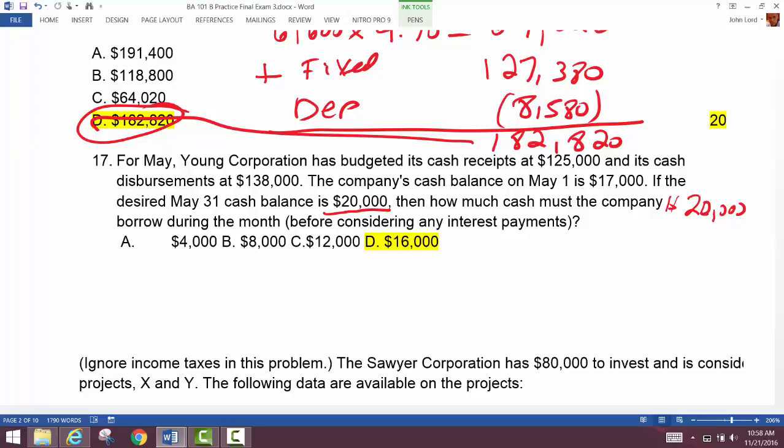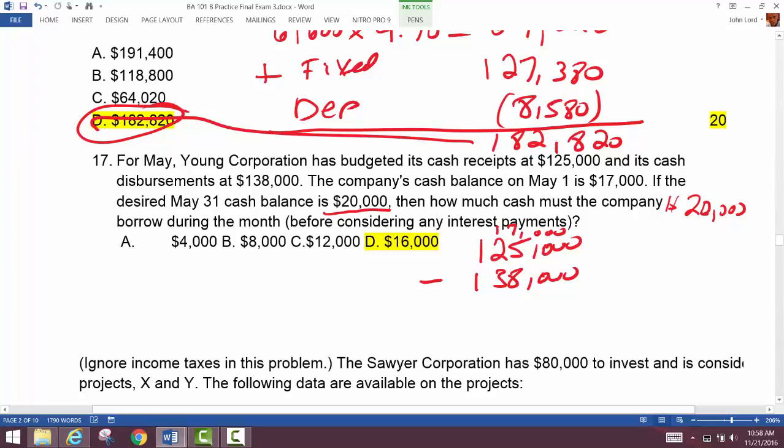Okay, but let's take a look at this one. And they have cash receipts of what? 125,000. They have disbursements of 138. Oops, and I forgot to include that they started with a balance of what? 17,000. I should have put that on top. That's the way I like.